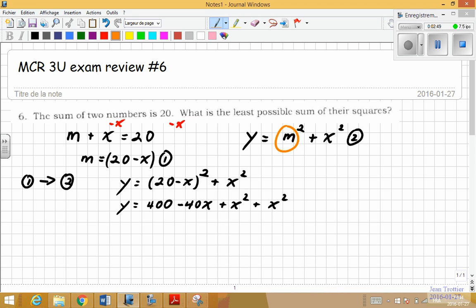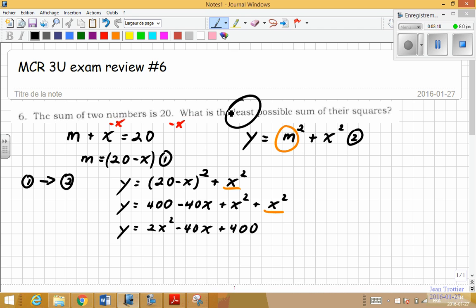So this x squared is that one at the end. The first one here, that's just from expanding. So now we have to simplify this a bit. We have y equals 2x squared minus 40x plus 400.